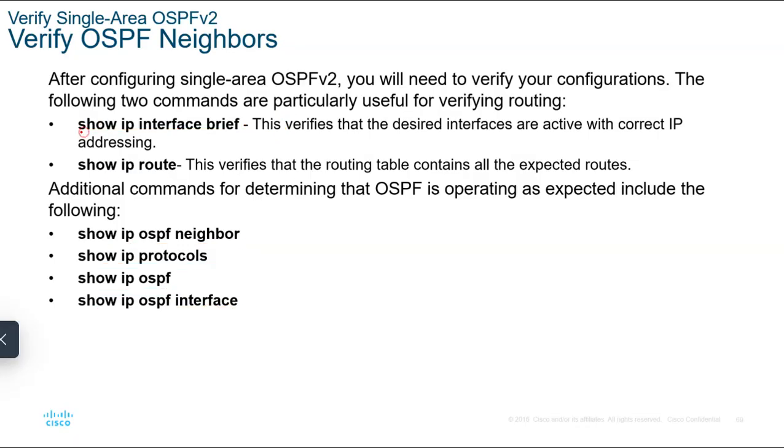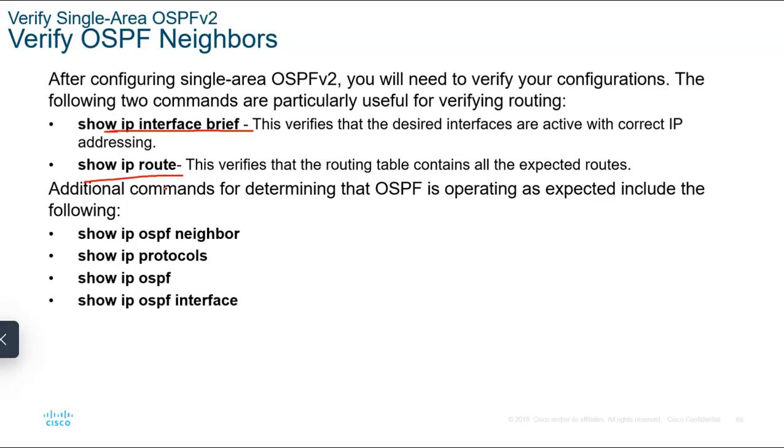The command show ip interface brief will display the state of the interfaces, the IP address, whether they are up, all that information. Then show ip route displays the routing table, the active routes from the source to the destination, from one router to another, and then to this other router in OSPF.